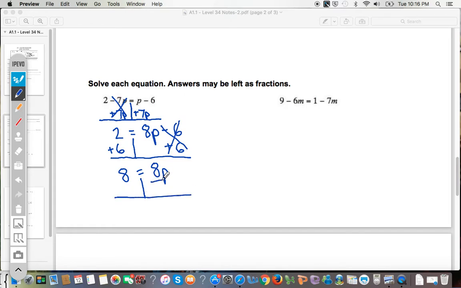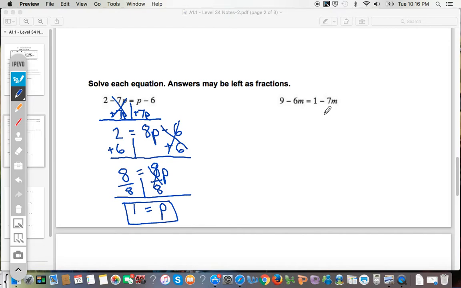I'll divide by 8 on both sides. So 8's cancel here. So p equals 8 divided by 8, which we know is 1. Awesome. Alright, let's move over to this one.